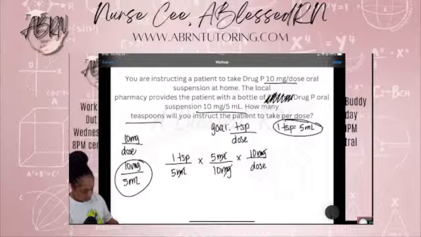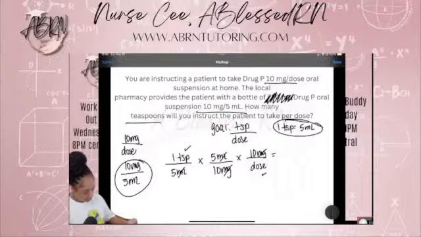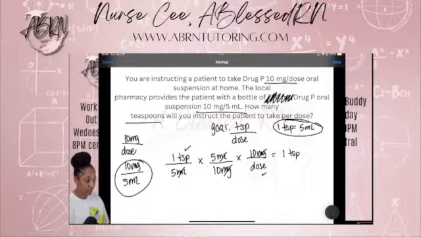So milligrams cross out, and you got teaspoon per dose, and that's that. So we'll do 5 times 10 divided by 5 divided by 10, which will be 1 teaspoonful that we give to our patient. Does that make sense? Yup.